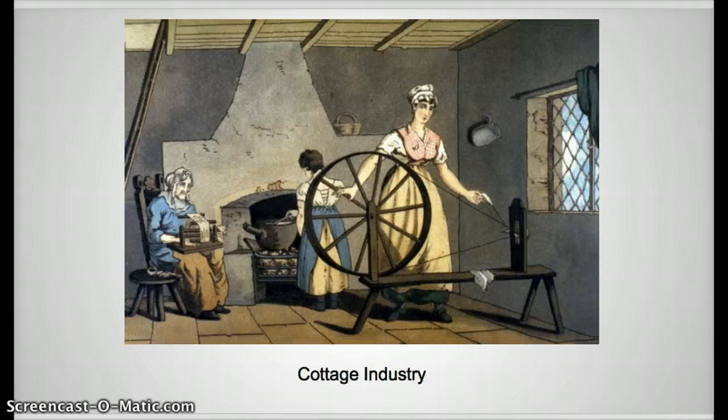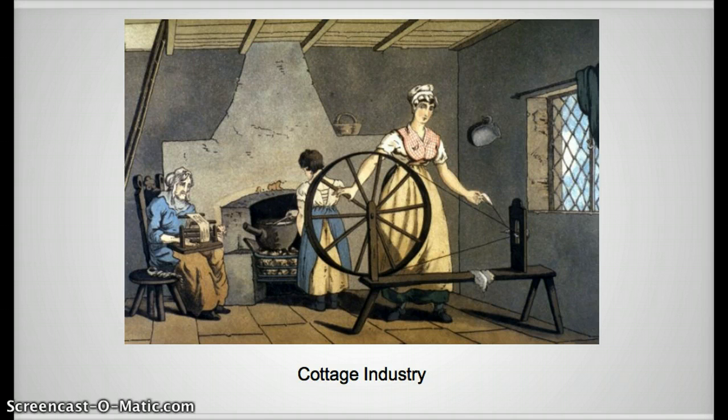Think about the spinning wheels that you see from colonial days. That's an example of the cottage industry where you would make cloth, you would make thread. The merchant would come around and buy it, but everything you were basically using was produced when you weren't farming, when you were working in the home.